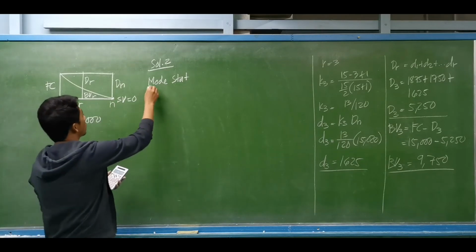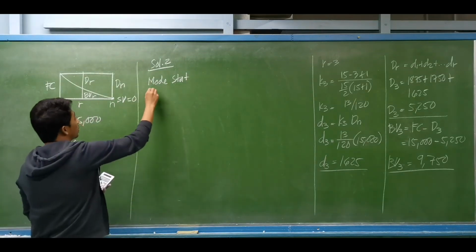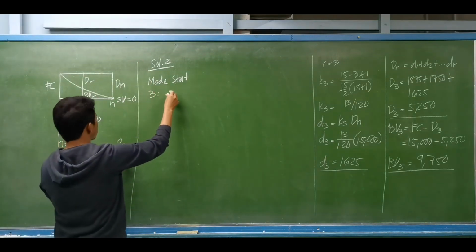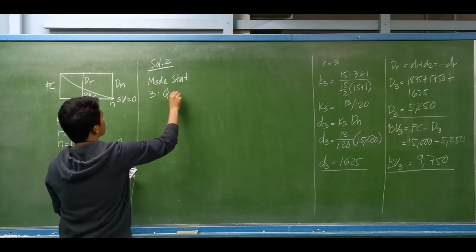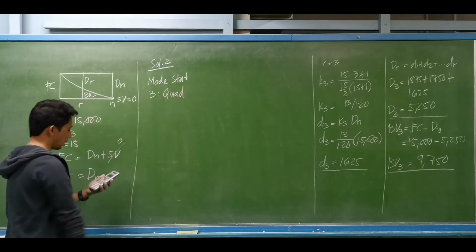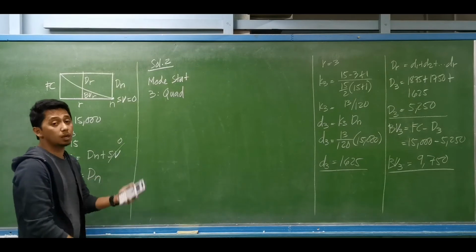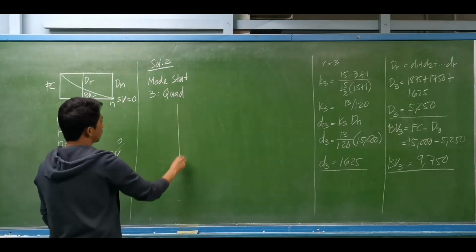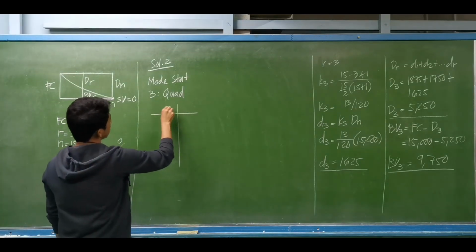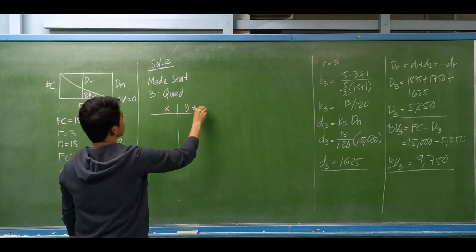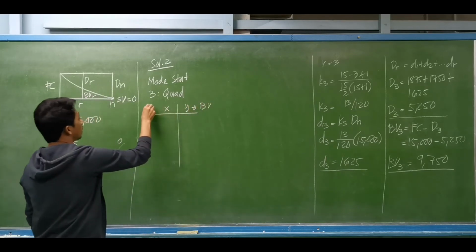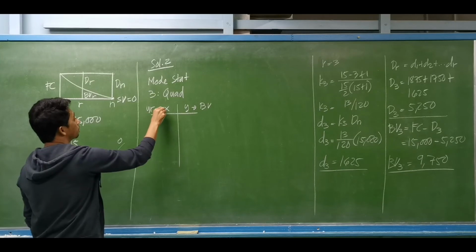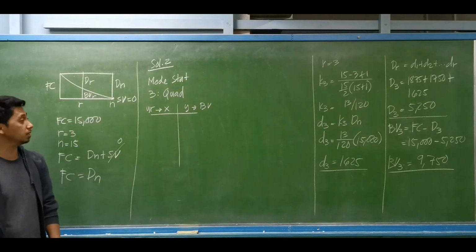We are to use number 3 this time. That is quad; I think it represents quadratic. So press 3. Again, we have the columns for x and y. Y represents the book values and x represents the number of compounding periods or years.